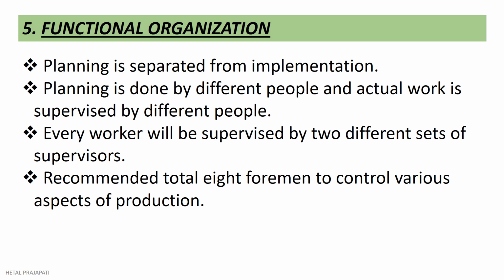Thus, every worker will be supervised by two different sets of supervisors. He recommended 8 foremen to control the various aspects of production. Students, the explanation for this point will be seen in the following diagram.